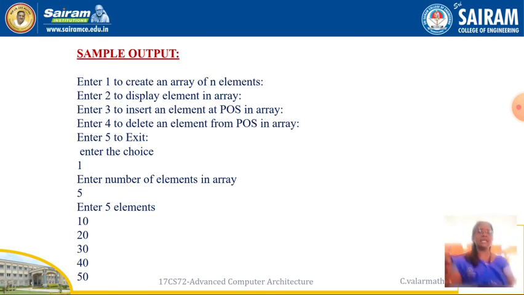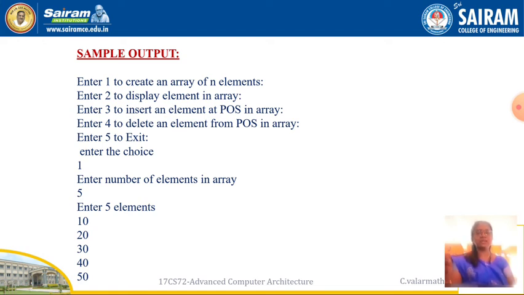So we'll see the sample output. The first output is what is displayed when you execute this program. Enter 1 to create an array of n elements, enter 2 to display the elements in the array, enter 3 to insert an element, enter 4 to delete, enter 5 to exit. Now enter the choice; they have given 1.